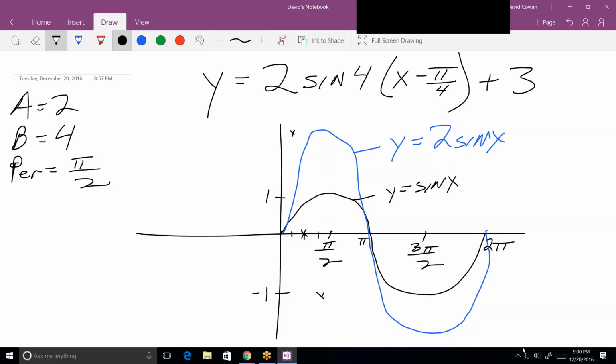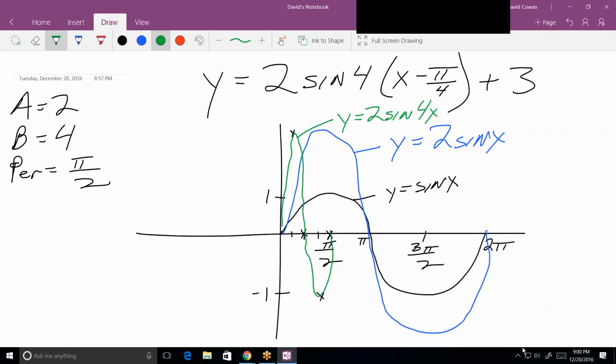This point is on that curve. And that point is on that curve. So in green, I'm going to draw that. I'm going to go up to there, down to there, down to its low, and back up to there. That green curve is y equals 2 sine of 4x.